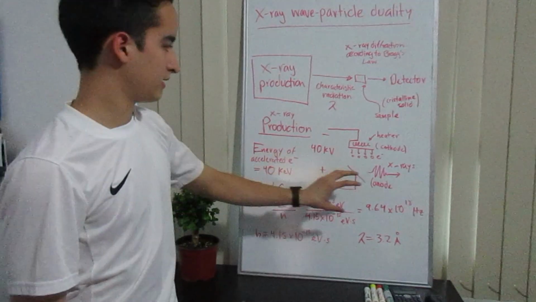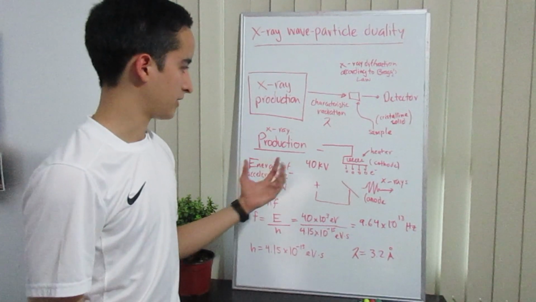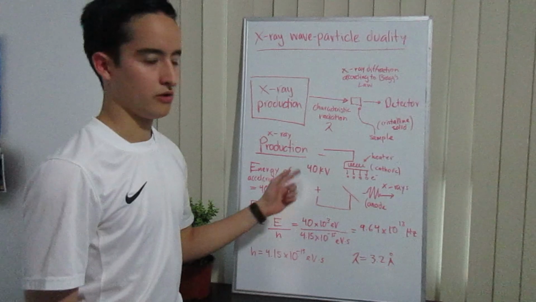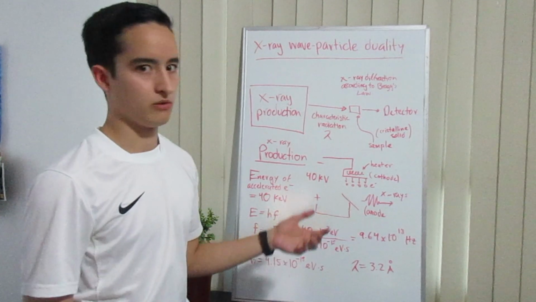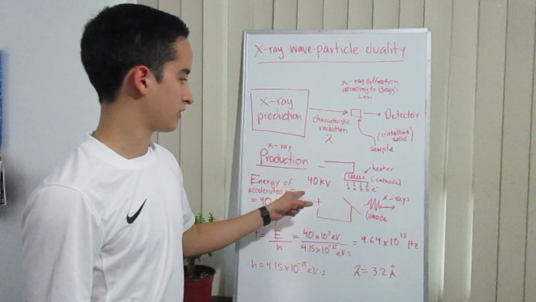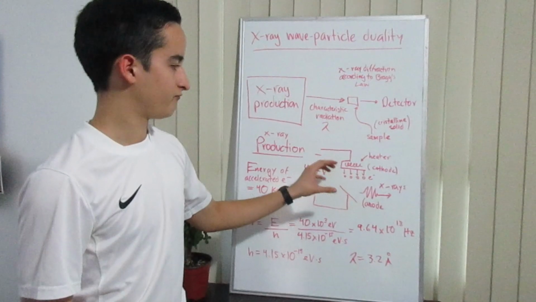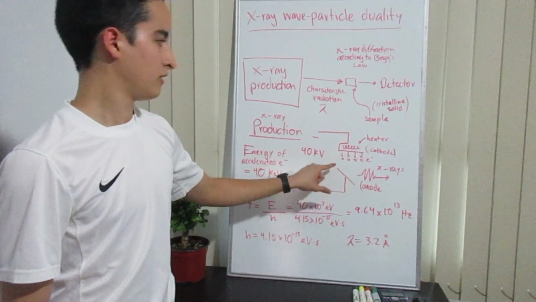Basically, X-ray production is explained by this circuit, which has a potential of the order of magnitude of kilovolts. Here we're analyzing a 40 kilovolt circuit. And the interesting phenomena occurs at the cathode and anode.